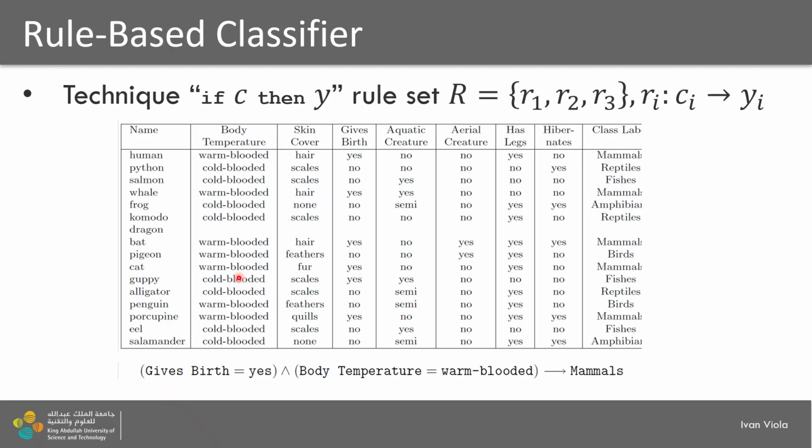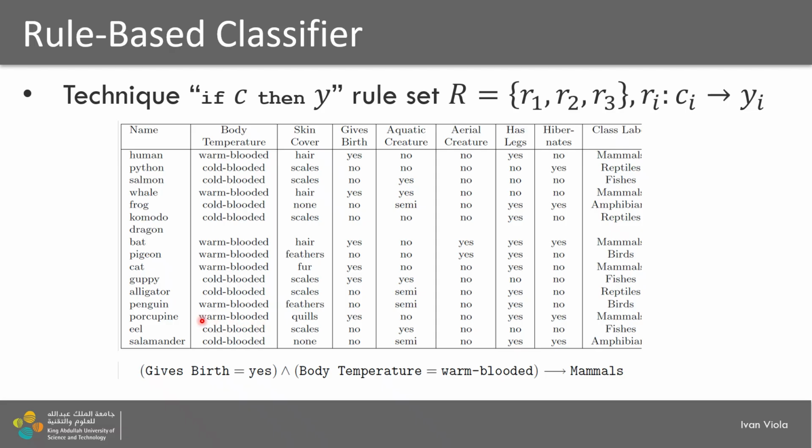And we can see that this will be fulfilled for a cat and also for the guppy and the alligator, which are fish and reptile. Penguin is a bird, doesn't fit, doesn't give birth to its young ones.